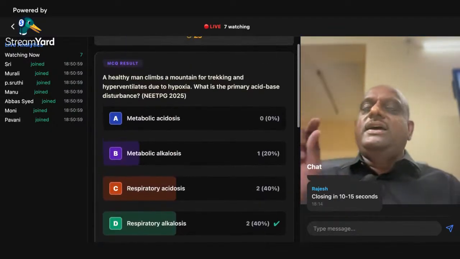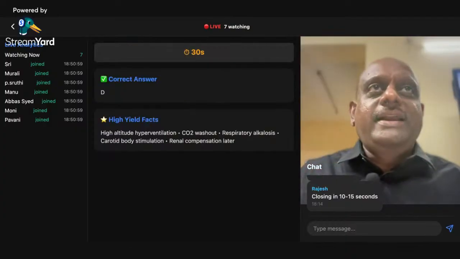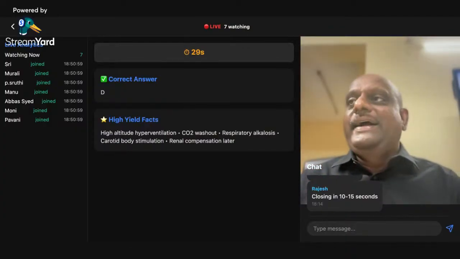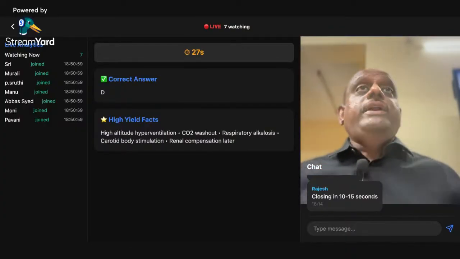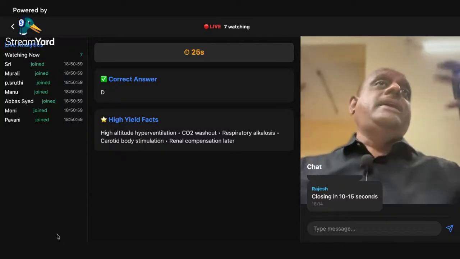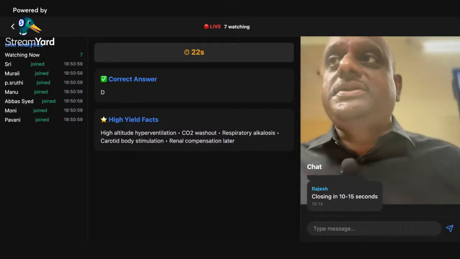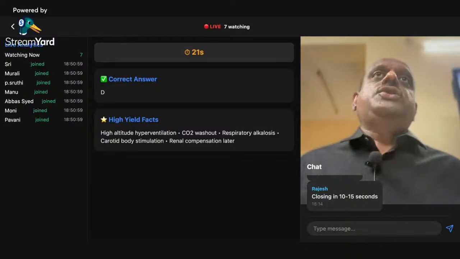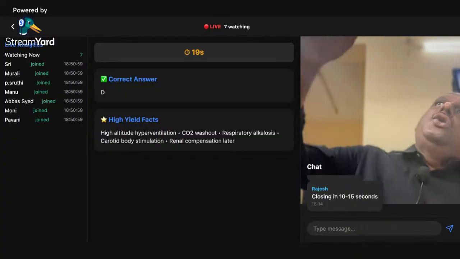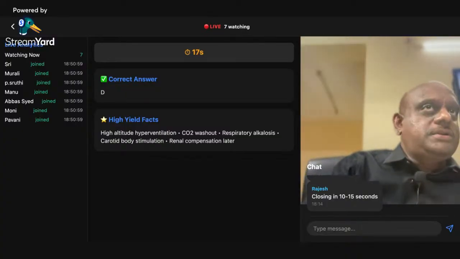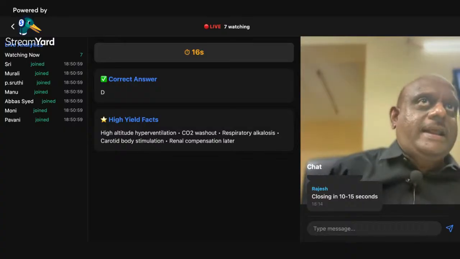Actually, in this positive marking, it is having an error. Otherwise, yeah. Whenever there is high altitude hyperventilation, carbon dioxide is washed out and that leads to respiratory alkalosis, right? So you should know, low CO2 is respiratory alkalosis.